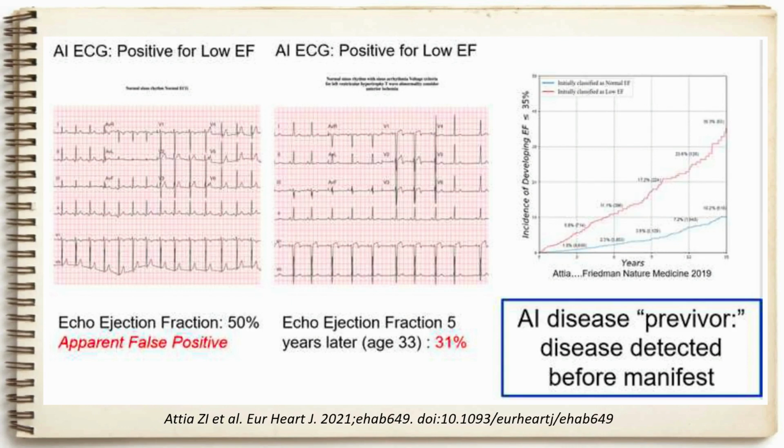However, artificial intelligence can capture these features from the 12-lead ECG, and not only detect low ejection fraction, but predict development of decreased ejection fraction in the following years.